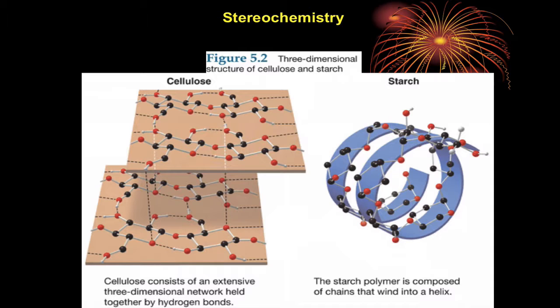Starch, however, because you have the different bonds, you have the equatorial axial linkage, it will actually form a helix, and it puts all these hydrogen bonding groups on the outside, and it can form hydrogen bonds with water, and it will dissolve. Okay? You have enzymes that can process starch. You do not have enzymes that can process cellulose because of the different shapes of these molecules.